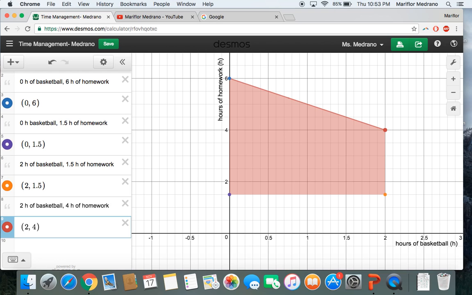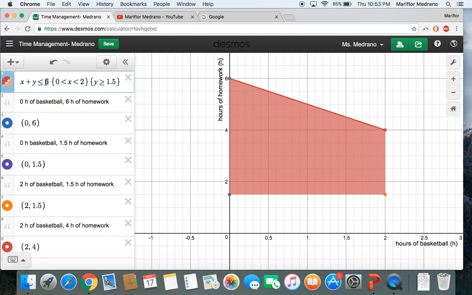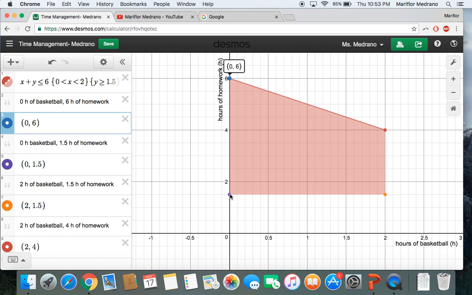And so this is what the shaded area means. At the least amount of basketball, I can do 0 and maximize all my time, and I don't want to spend more than 6 hours on homework. So I would do 0, 6. 0, 1.5 means I played 0 hours of basketball but completed my minimum amount of 1.5 hours of homework.